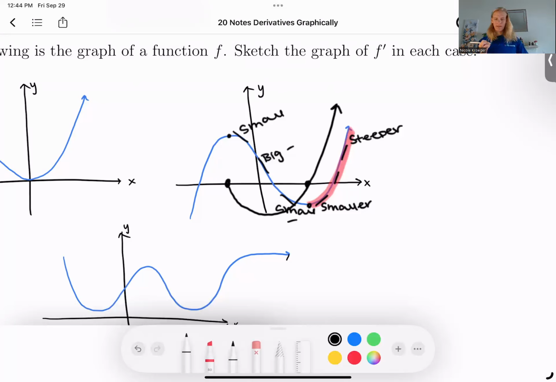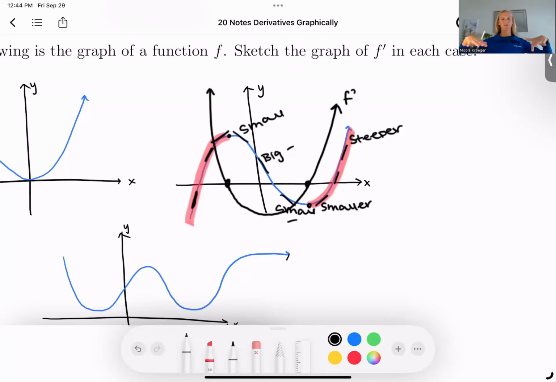We might do something like this. The same thing is going to happen on the other side. If I look at the slopes here, I have a small positive slope, a bigger positive slope, a really big positive slope. So the y values of the derivative should be small positive numbers getting bigger. So maybe something like this. This is the graph of the derivative.